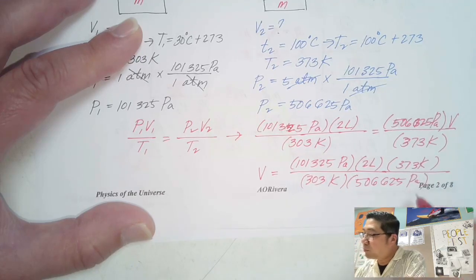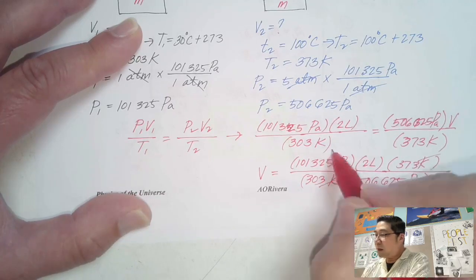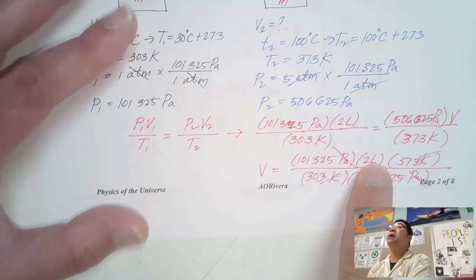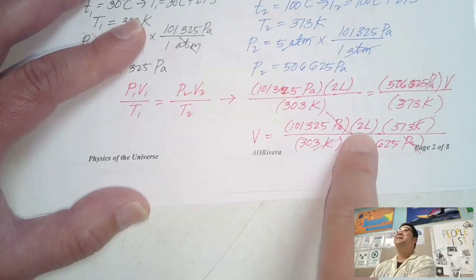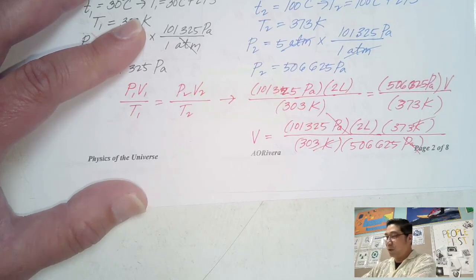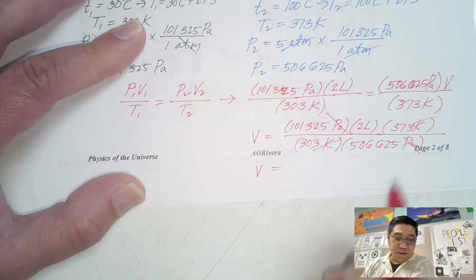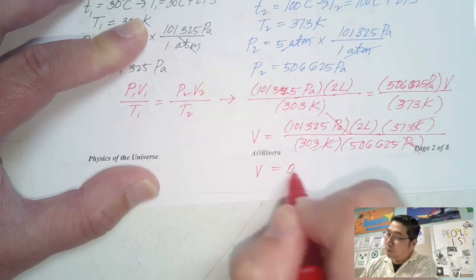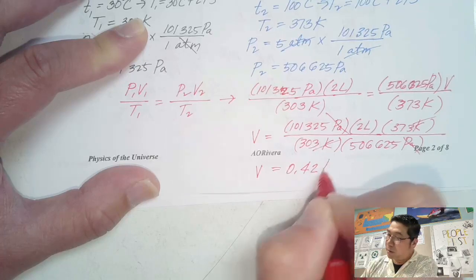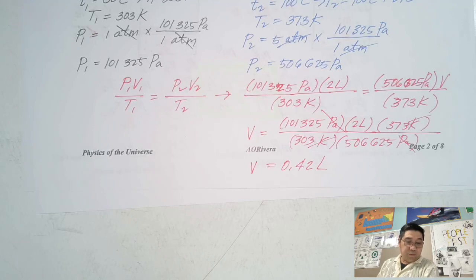Guys, what happened with Kelvin? Kelvins canceled out, pascals and pascals canceled out, so our answer should be correct because that is in terms of liters. So simplify this using your calculator. You should have an answer that is equivalent to 0.42 liters. So that should be your answer here.